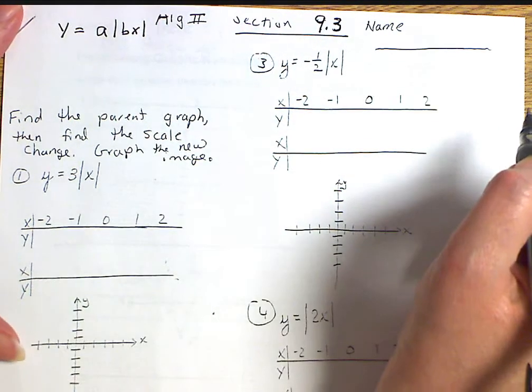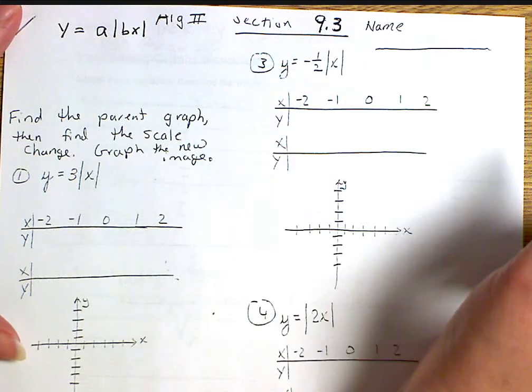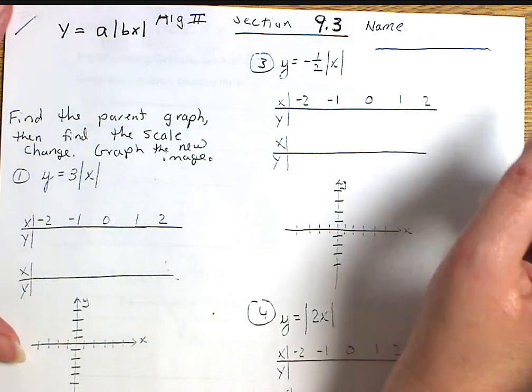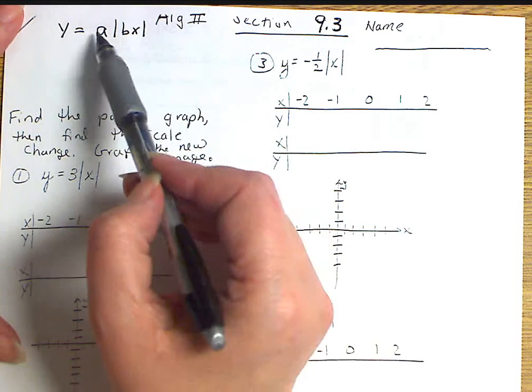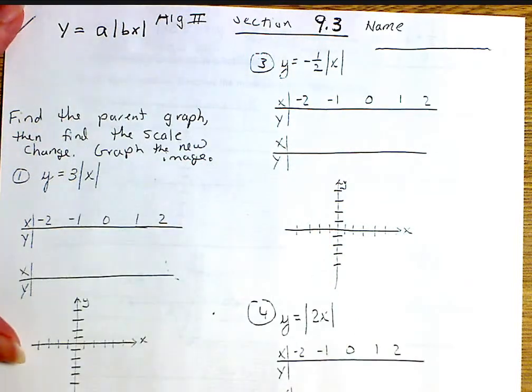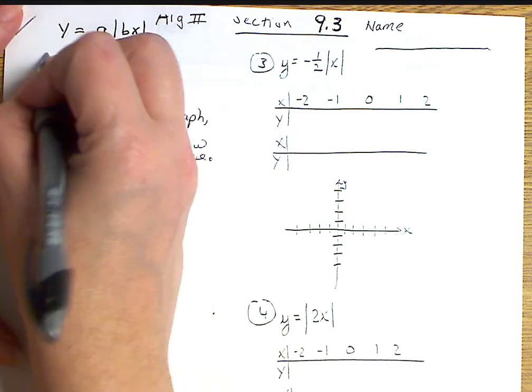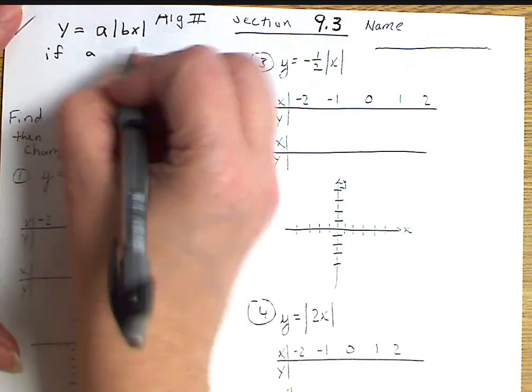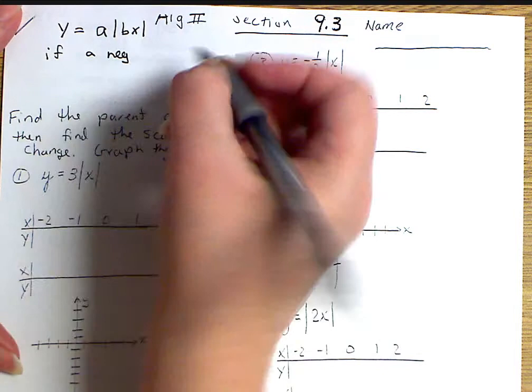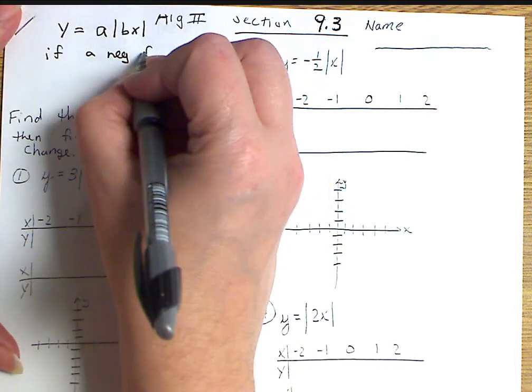It's the next section. The thing that we have to do is look at a and b and determine what it's doing to the graph. If a is negative, the parent graph will flip.